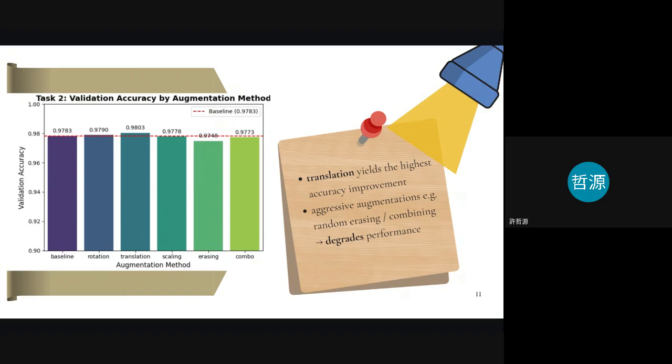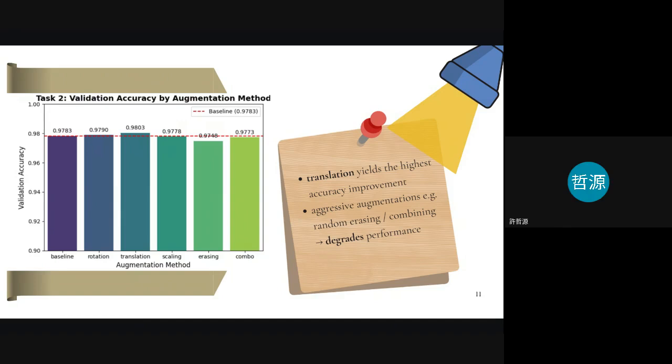First, translation provided the largest improvement, boosting accuracy to 0.9806. Rotations also gave a slight bump. However, answering our second and third questions reveals a surprise.